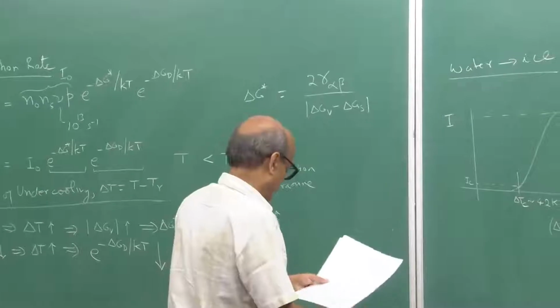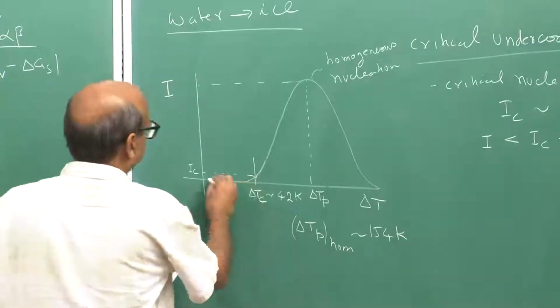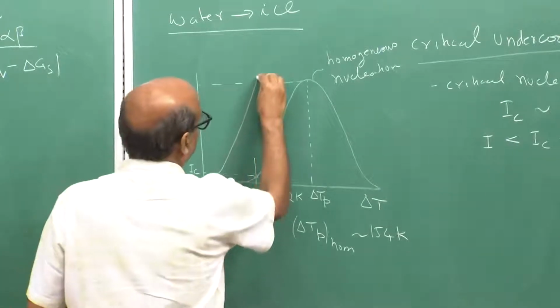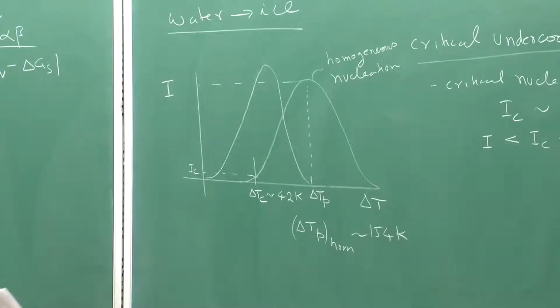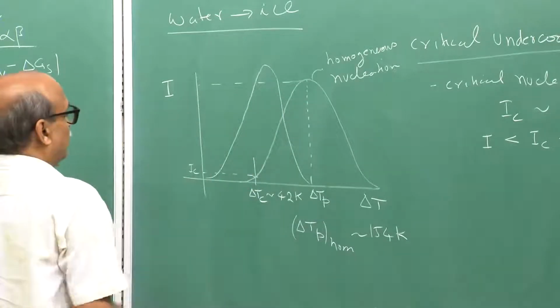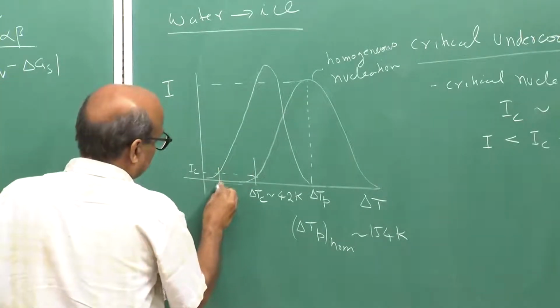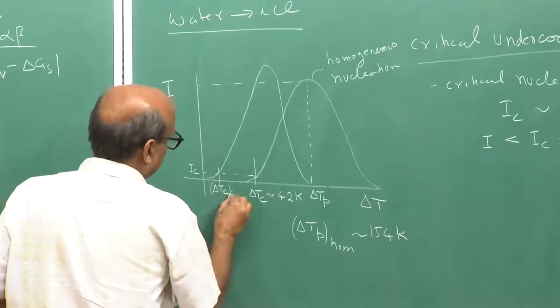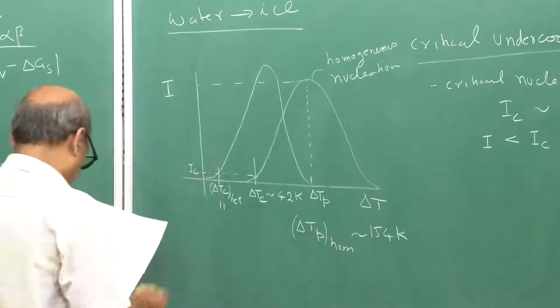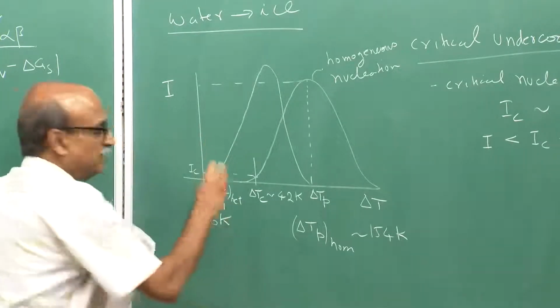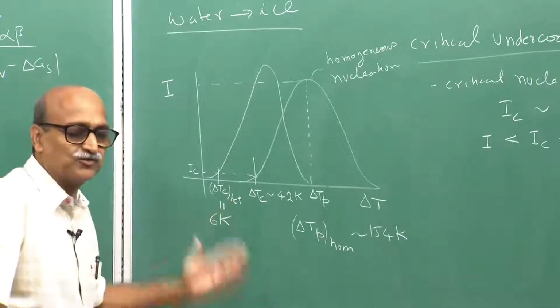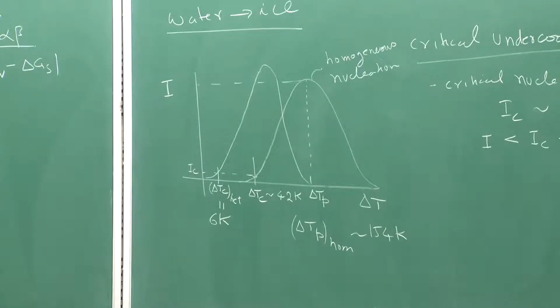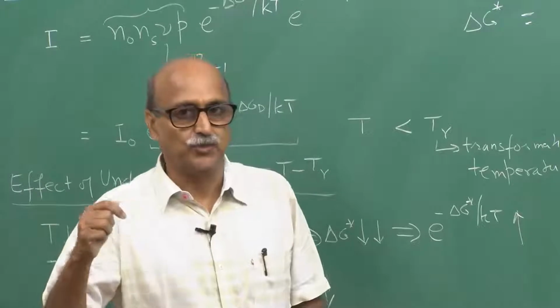And in fact, if we look at the rate of nucleation in this case, one might get a curve which is shifted to the left, and this is my delta Tc heterogeneous, and this is of the order of only 6 K. So, you just have to go down a few degrees below 0 in order for water to freeze, and that is what we normally observe in our refrigerators, and that is because in our refrigerators water is solidifying through heterogeneous route.